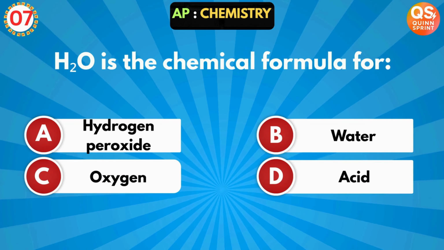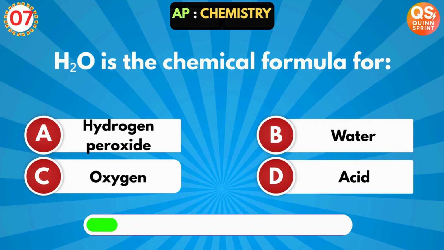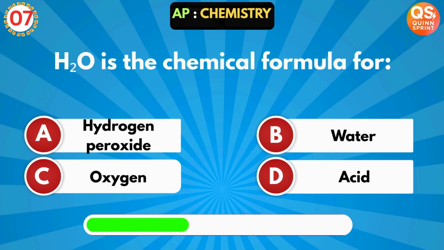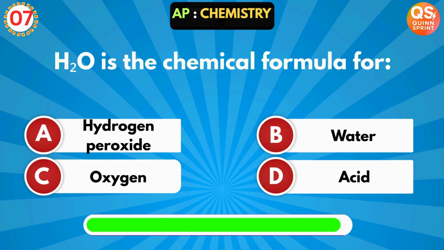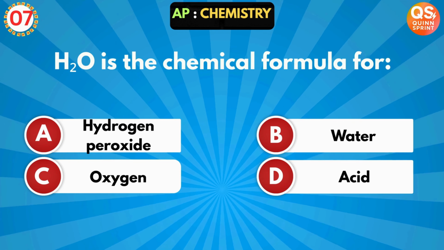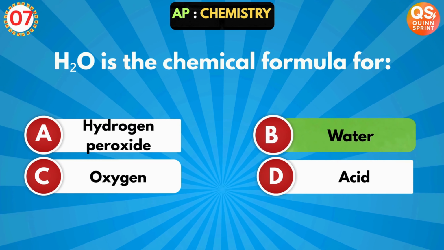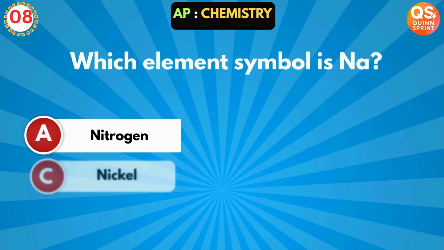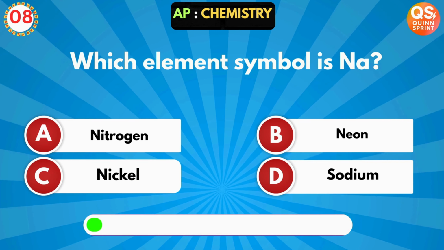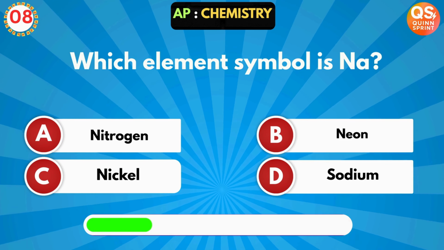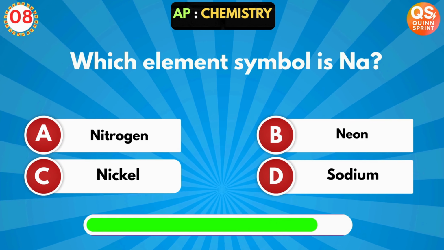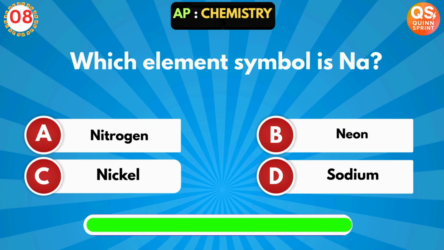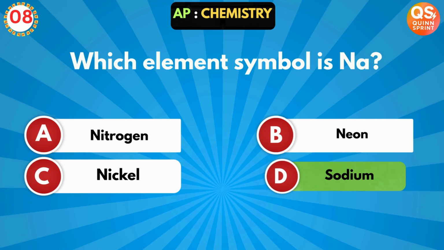H2O is the chemical formula for water. Which element symbol is Na? Sodium.